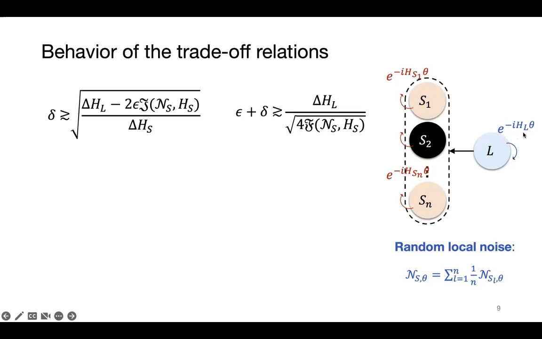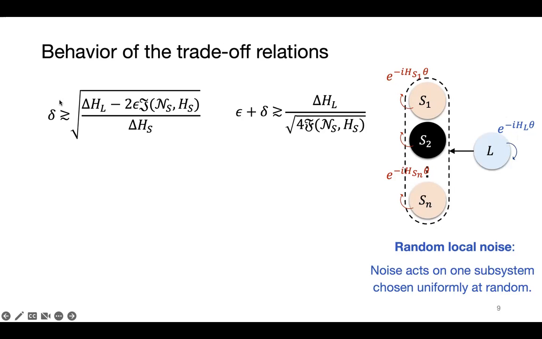And then we assume that the Hamiltonian is basically the tensor product of each Hamiltonian evolution on each system. Basically, it's kind of like a transversal gate. And we assume the noise is a random local noise. Basically, it describes the situation where a noise acts on only one of the subsystems, which is chosen uniformly at random.